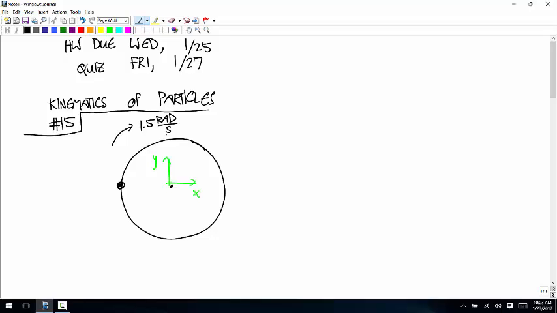There's also a clockwise angular acceleration of 2.5 radians per second squared. The passenger's in the position shown. There's a radius of 5 meters.